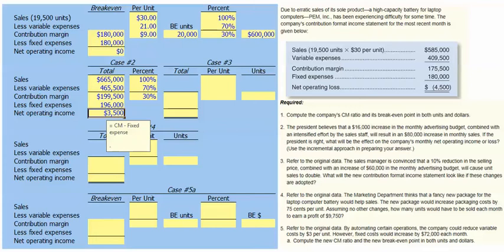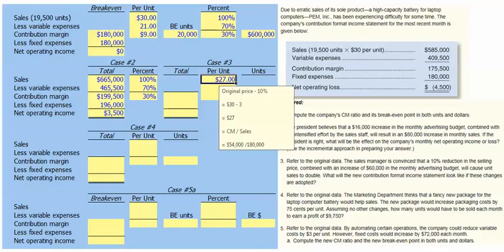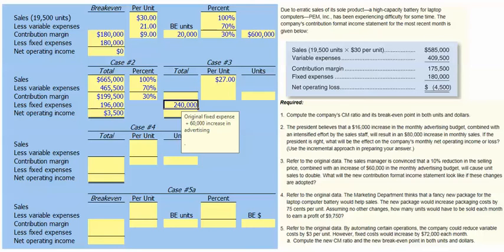Let's take a look at case 3. In case 3, we're told to refer back to our original data, and we're also told that the sales manager is convinced that a 10% reduction in the selling price, which means our selling price will drop from $30 per unit to $27 per unit, combined with an intensified effort, combined with $60,000 in additional monthly advertising, so our fixed expenses will go up to $240,000.